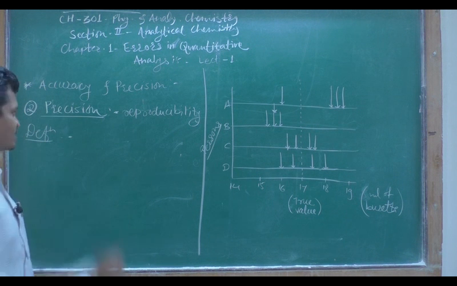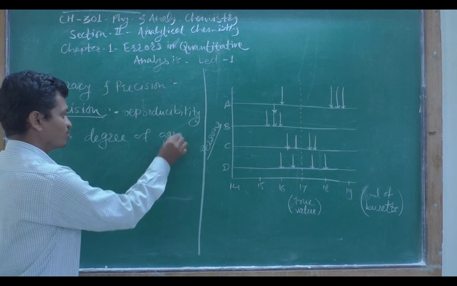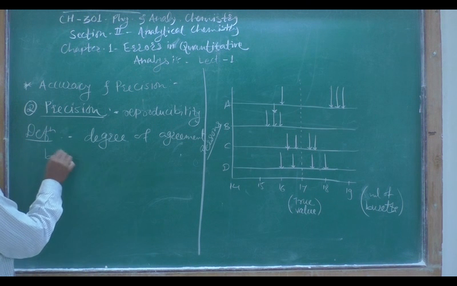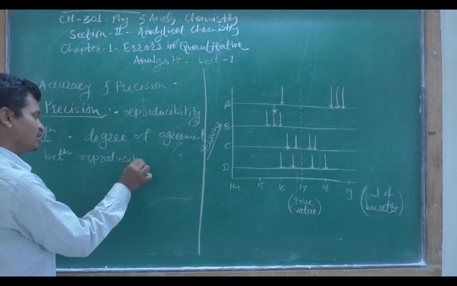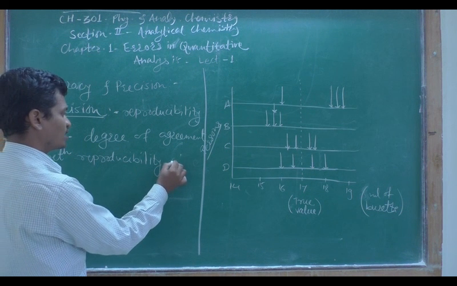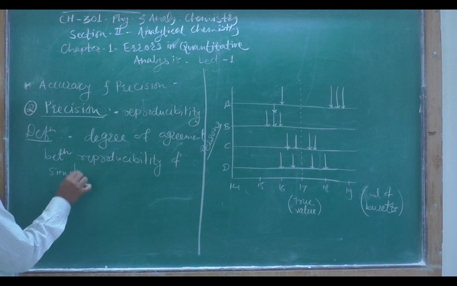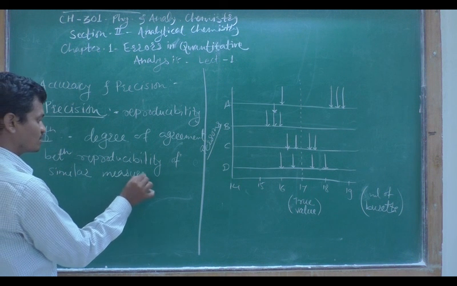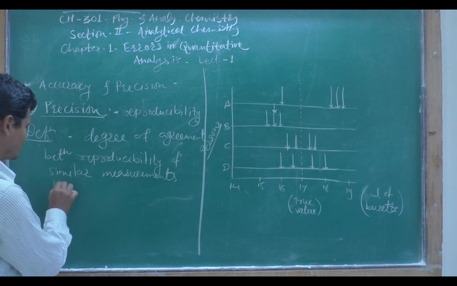Precision can be defined as the degree of agreement between the reproducibility of similar measurements under identical conditions.